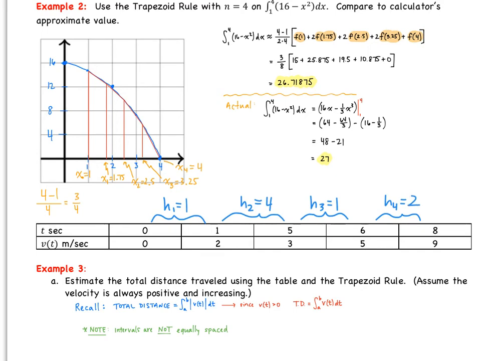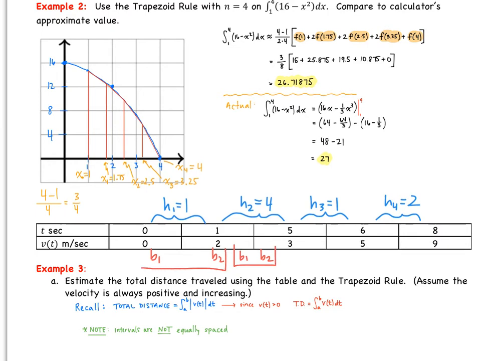So I want you to keep in mind that these values here, the velocity values, represent the bases. So we can think about it like this: this is base 1, base 2. For the second trapezoid, this is base 1 and this is base 2.